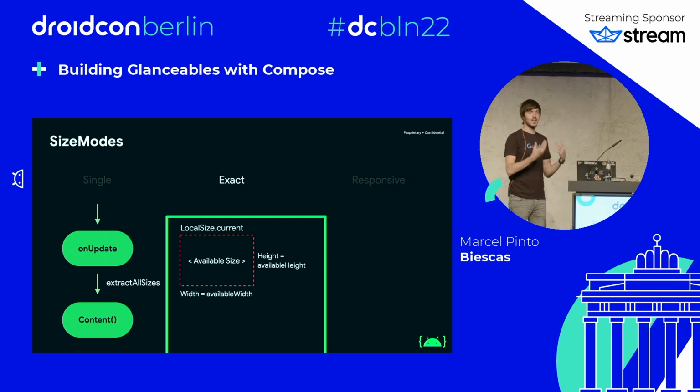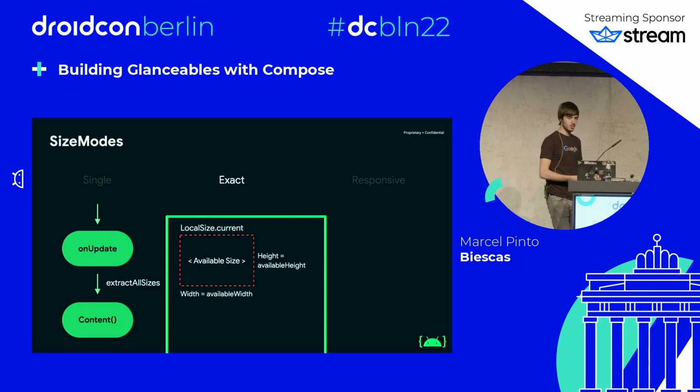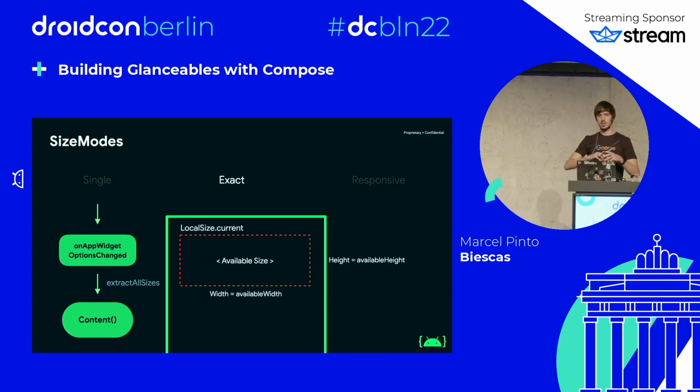So for all these available sizes, the content function will be called, providing you the available size for your widget on the home screen. So whenever the user expands your widget or resizes, we'll do the same all over again. We'll extract all the new sizes and call content again for each of these, allowing you to build a different UI depending on the available size.